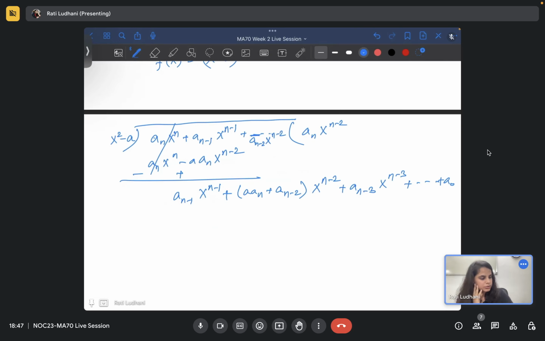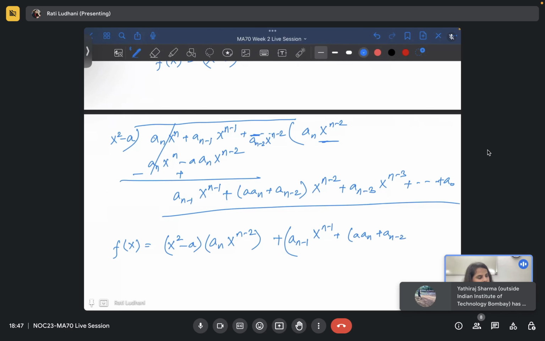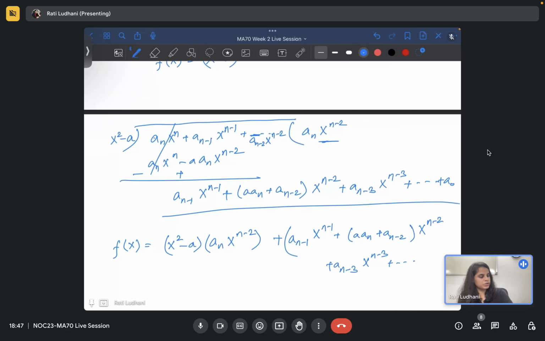So you just take this. You have f(x), and you can write it as x square minus a times a_n x raised to power (n-2), plus a_(n-1) x raised to power (n-1) plus a_(n-2) x raised to power (n-2) plus a_(n-3) x raised to power (n-3), and so on up to a_0.